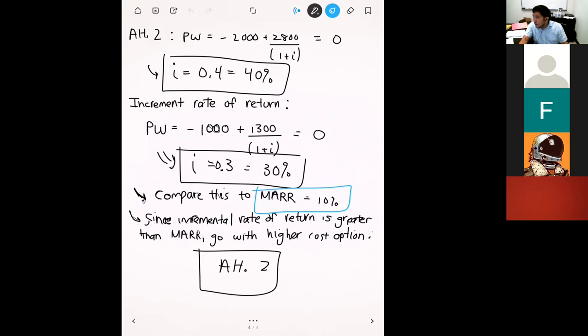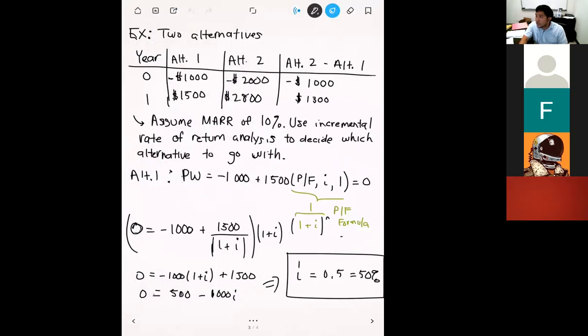Question: explain the present worth formula again in this context that gets you 30%. Sure. This present worth formula was obtained by finding the present worth of the increment. The increment is just the difference between the higher cost option and the lower cost option. Option one costs $1,000 and option two costs $2,000, so the difference is minus 2,000 minus a negative 1,000, which is a minus 1,000.